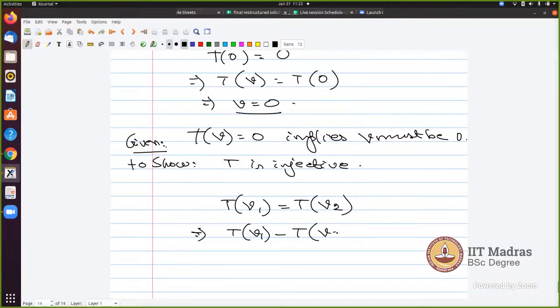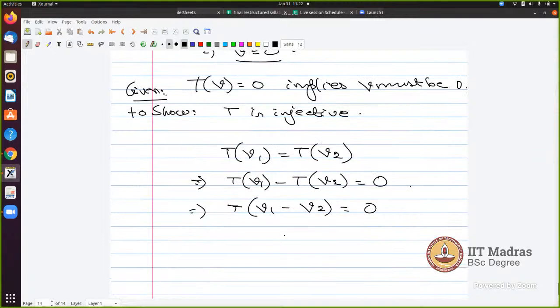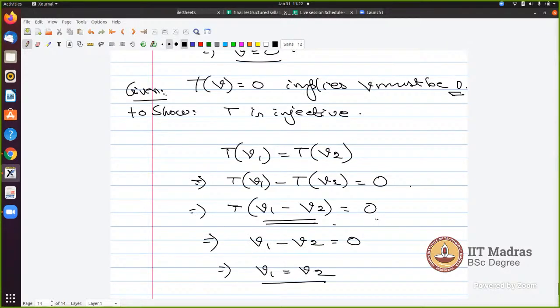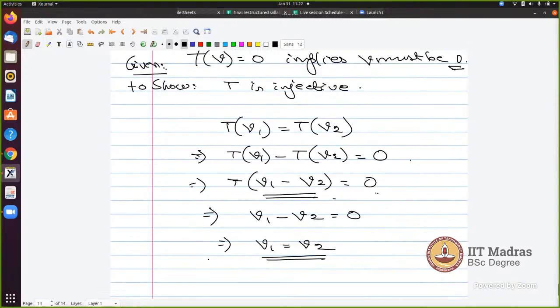I will take this on one side. So this is 0: T(V1) minus T(V2), this is 0. Now V1 minus V2 is a vector which is going to 0. What is given? Whenever T(V) is 0, then V must be 0. That implies V1 minus V2 must be 0. That implies V1 equals V2. So T is injective.